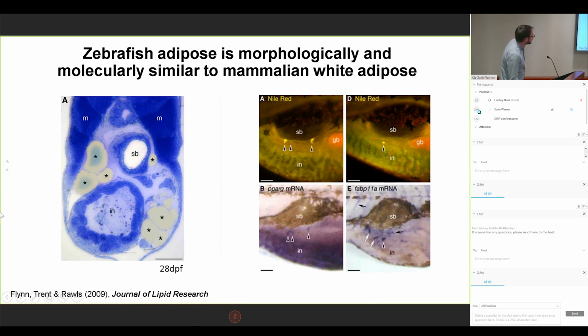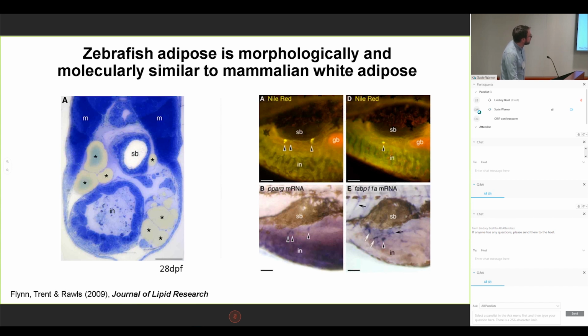Morphologically, zebrafish adipocytes, fat cells, are labeled here with the asterisks, and you can see that they're huge. And they seem to express similar markers to mammalian adipocytes, things like PPAR gamma and FABP11, which are very established markers of mammalian white adipocytes.